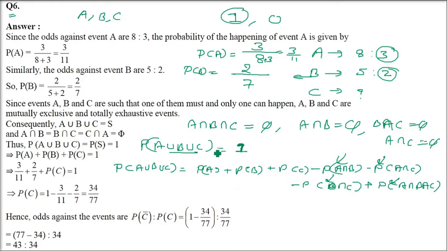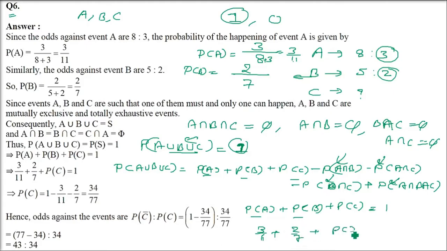There is no intersection, so the union A union B union C will be 1. So PA plus PB plus PC becomes 1. PA and PB are known to us, so put them here: 3 by 11 plus 2 by 7 plus PC equals 1.